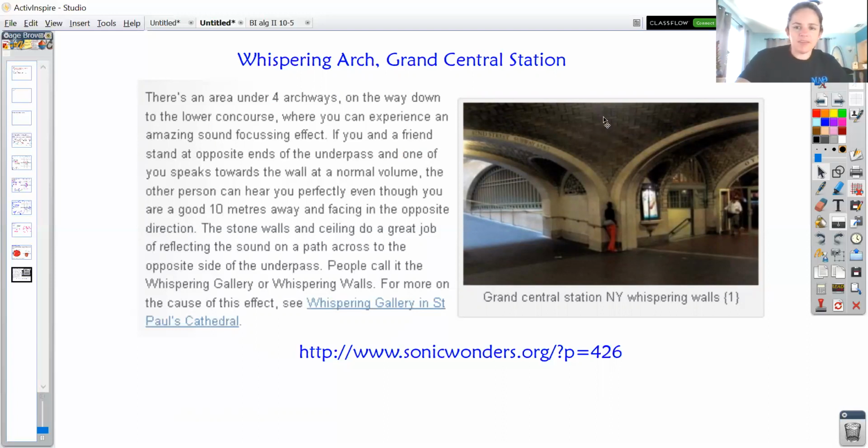Because the ceiling is an ellipsoid, you can stand in one corner of the whispering wall, face the wall and whisper. Even though it's all super noisy, the sound will travel up and around the ellipse and get to the other focus point, which would be on the other corner. It says it's a good 10 meters away as well. If you haven't been there, put that on your list of things to do: find the Whispering Arch in Grand Central Station.